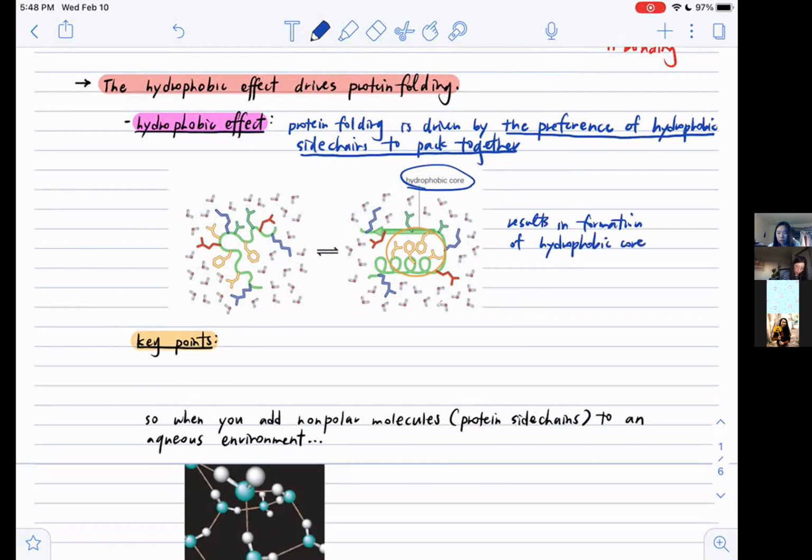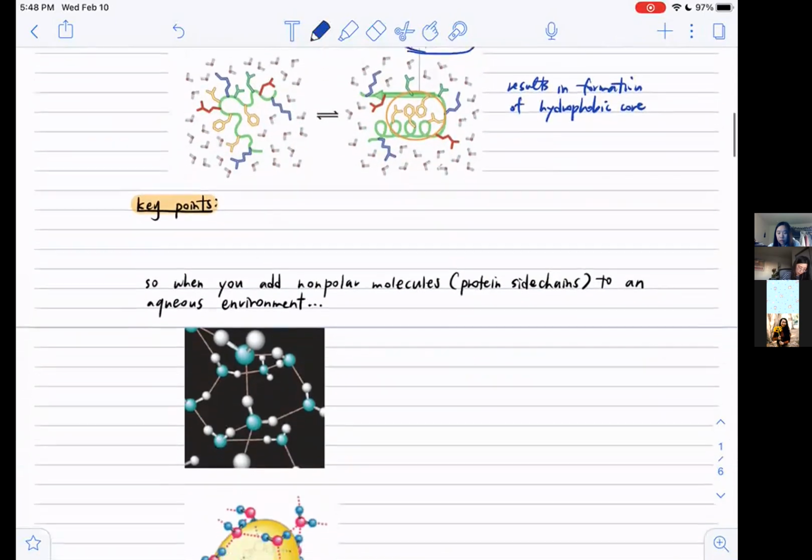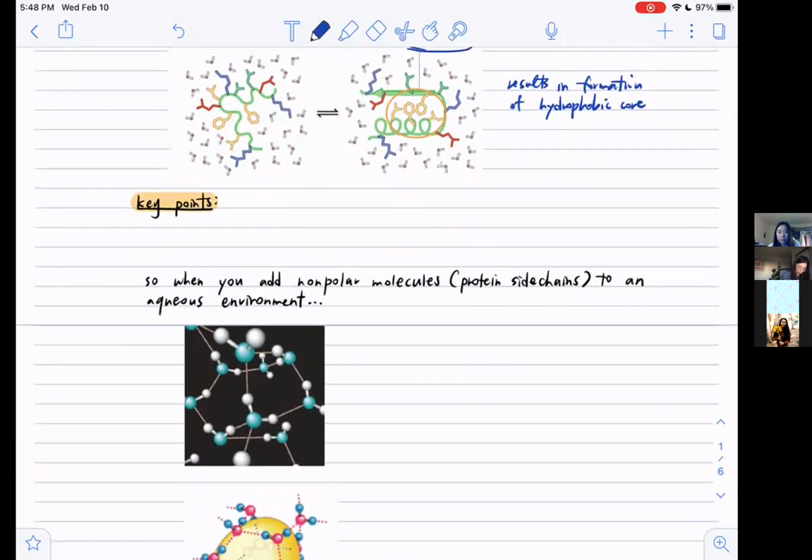And so some key points that I want to make before I go into my explanation is that water-water interactions are relatively strong. And you can imagine that when I'm talking about water-water interactions, I mean hydrogen bonding between the water molecules.